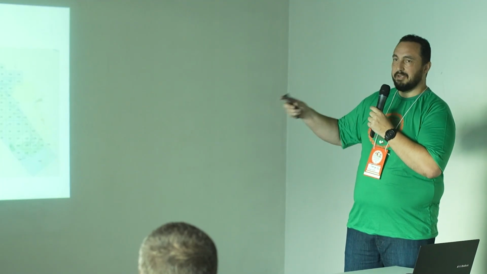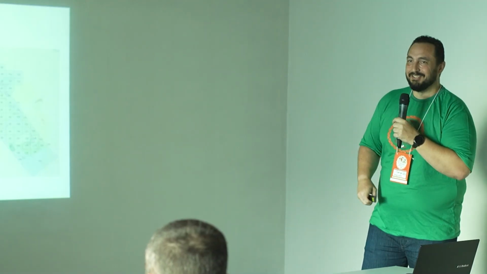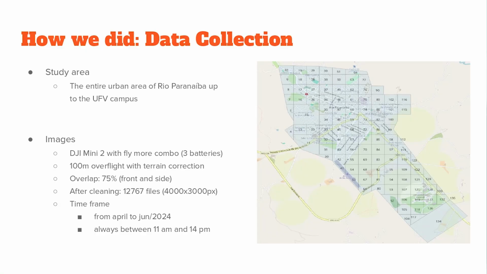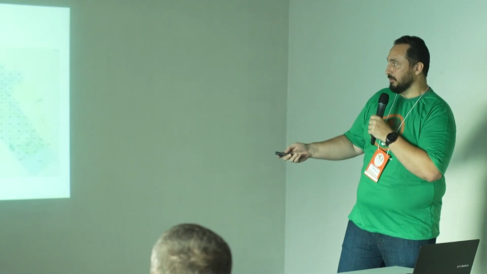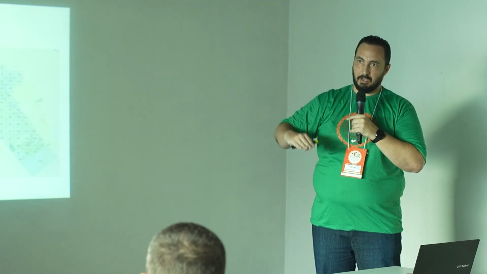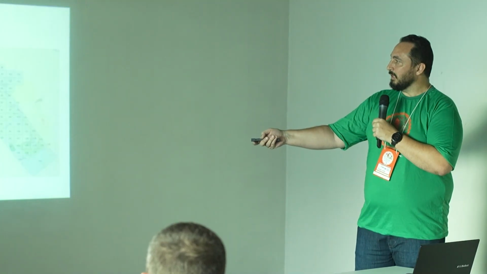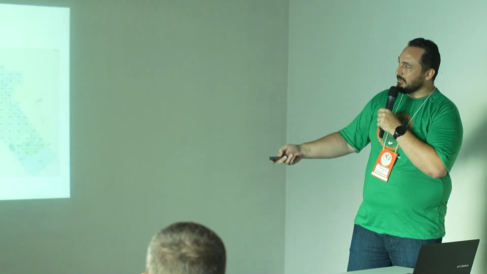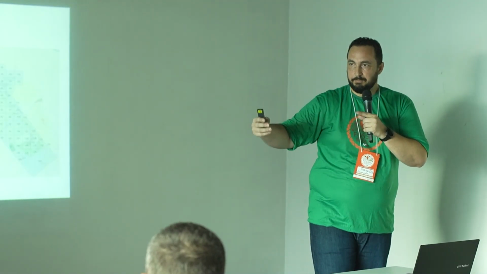So for each square, we planned to use all 3 batteries with some safety margin to get the drone back. We set 100 meters altitude with terrain correction, so the drone always keeps 100 meters from the ground, and we used 75% overlap for front and side images.